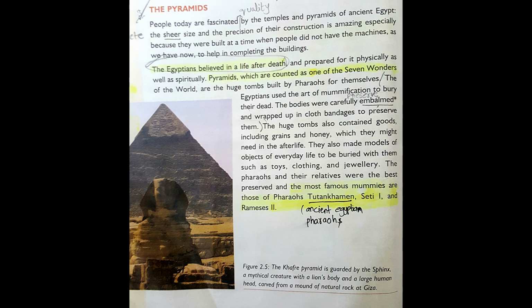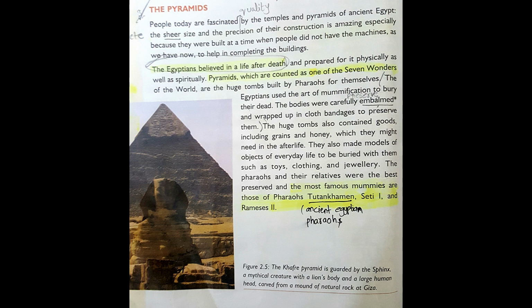To prepare for the next world, they erected temples to the gods and massive pyramids, tombs for themselves. They were filled with all the things each ruler would need to guide and sustain himself in the next world. Understand, students?